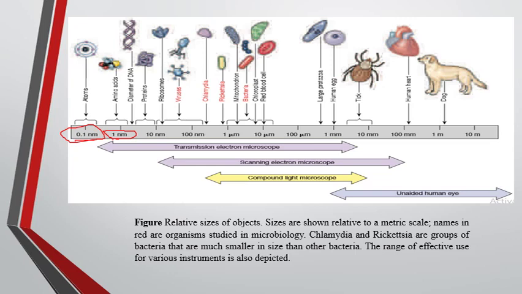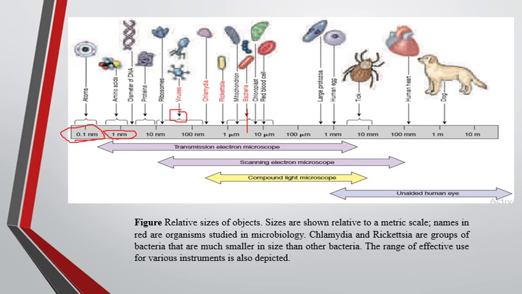Here we have bacteria, which fall in the category from 1 micrometer to 100 micrometer. Here we have viruses that have a very small size, near about 100 nanometer.